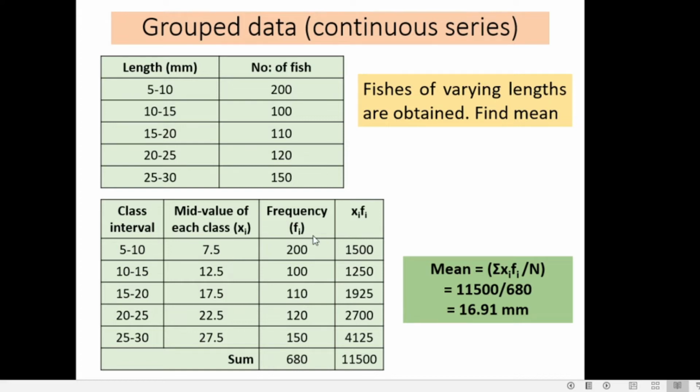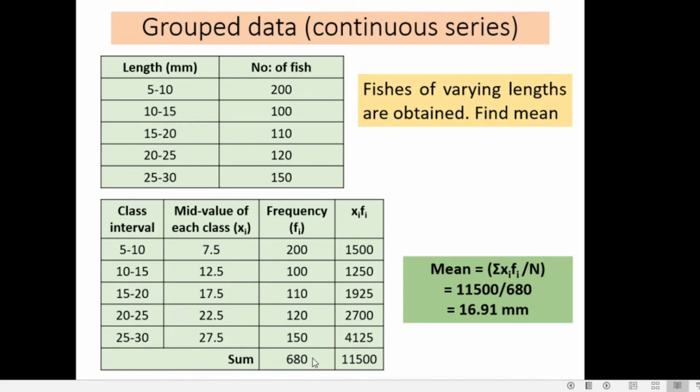Now in the fourth column, I have multiplied the mid value of each class with the corresponding frequency, and I get xi fi values. Now we add the xi fi values, and we get a sum of 11,500.